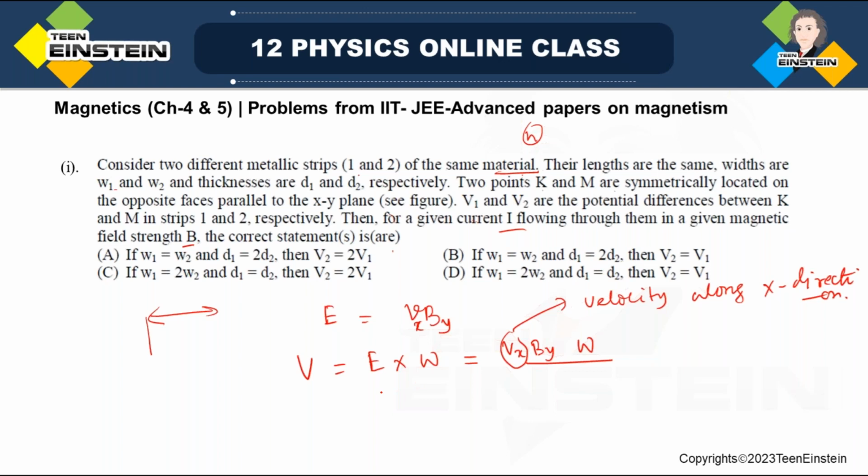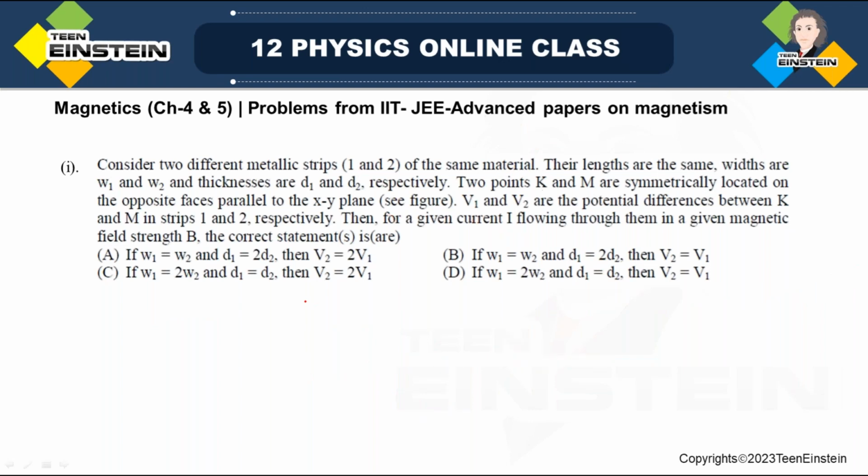So the thing is, let me write the potential here. Potential will be developed along the z direction, and that is Vz is equal to velocity along x-axis into By into W, where W is the width. Now see, we know the current.